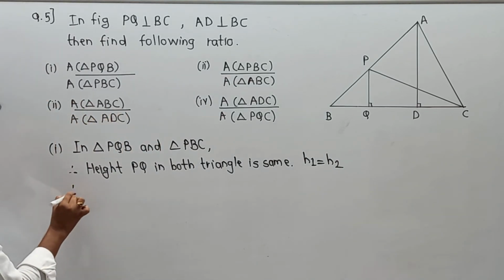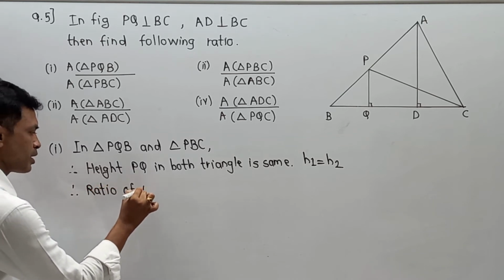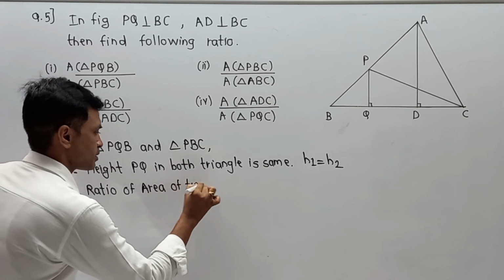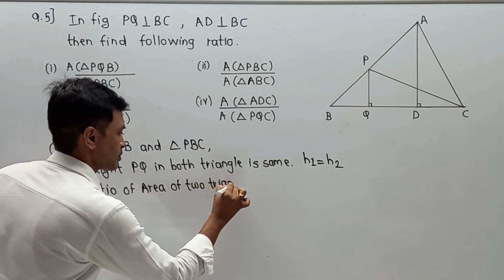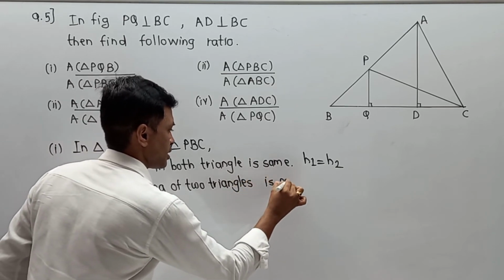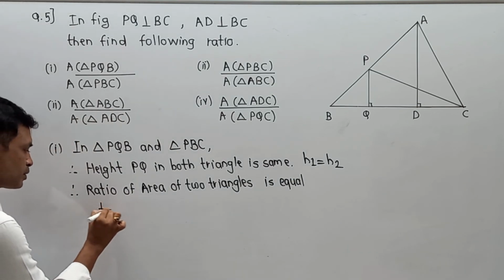Therefore, the ratio of areas of two triangles is equal to the ratio of their bases.